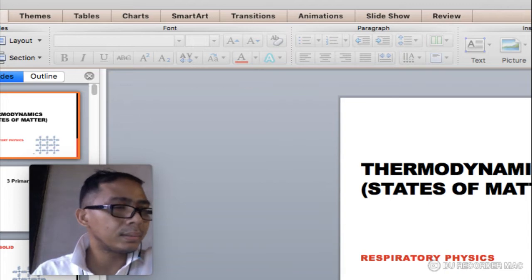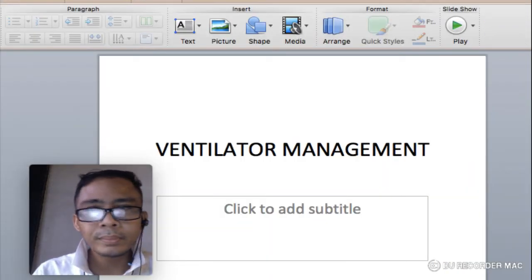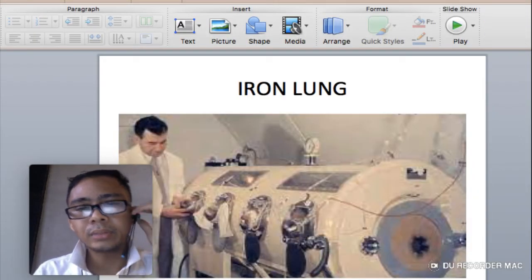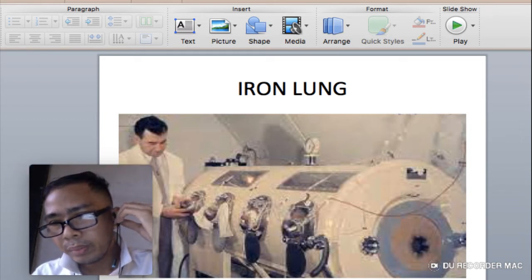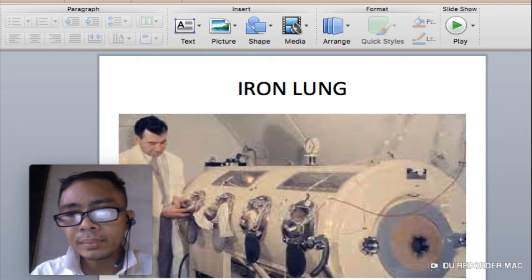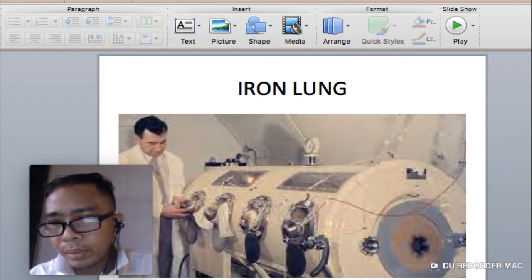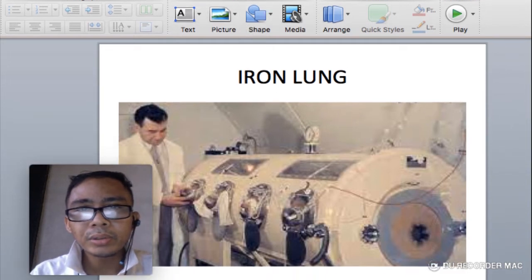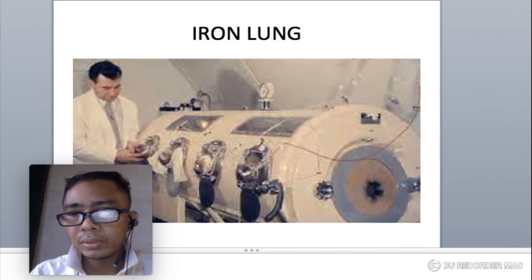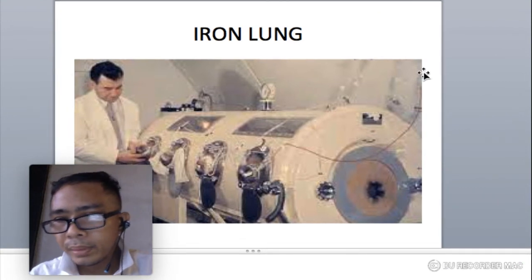So we need to study ventilator management. As you can see in the picture, way back during post World War II, the ventilator was all negative pressure. So they used the iron lung.